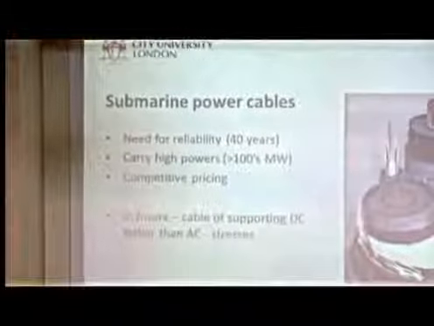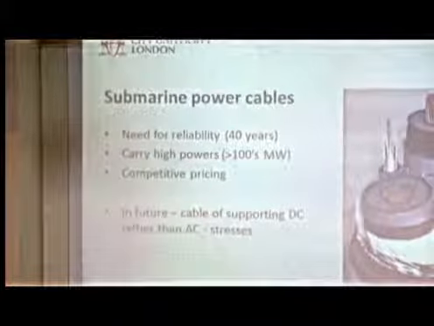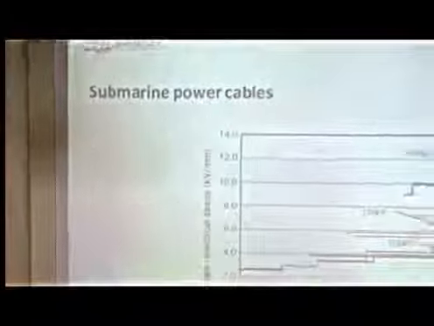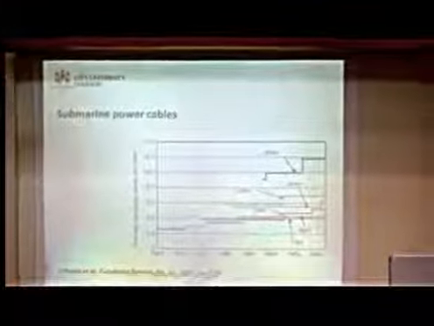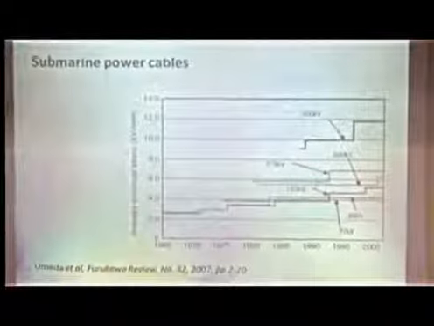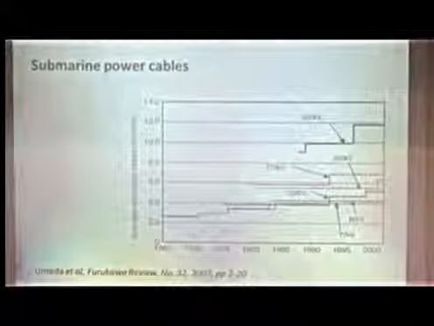And in future, we're going to be considering cables supporting DC rather than AC stresses. But when you start to look at this, it's a good example of how things have developed over the last few decades.